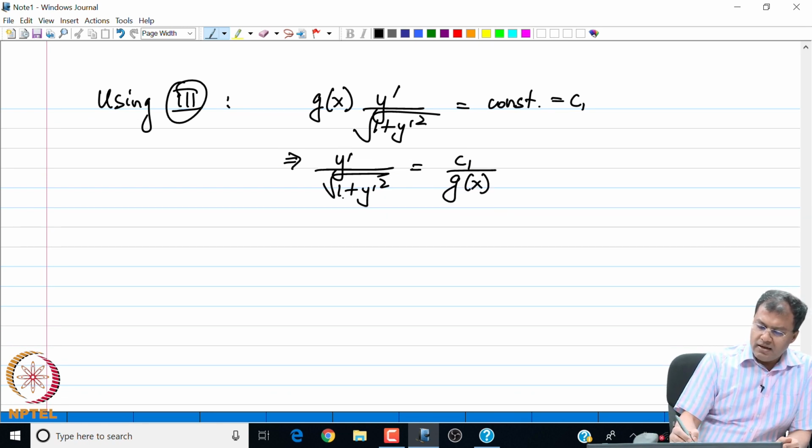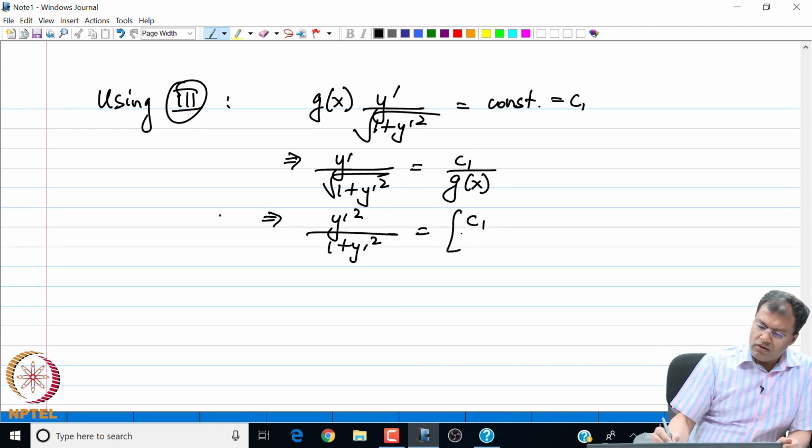Now, notice that the quantity on the left hand side must necessarily be less than or equal to 1. Let me just take the square, it's clearer that way. Taking the square, we see that y prime square divided by 1 plus y prime square is equal to C1 by g of x, whole square.